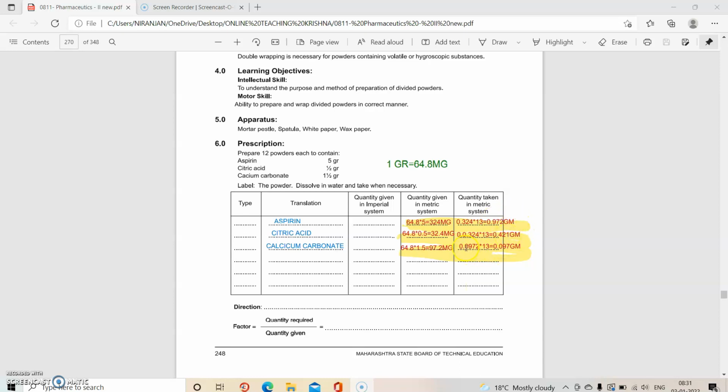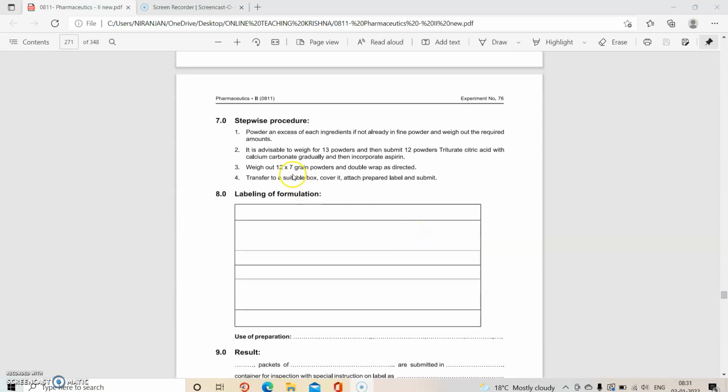So we take the quantity in gram by dividing the milligram by 1000. So these are the quantities you have to take: aspirin, citric acid 0.42 gram, and calcium carbonate. We have calculated these quantities for 13 packets.